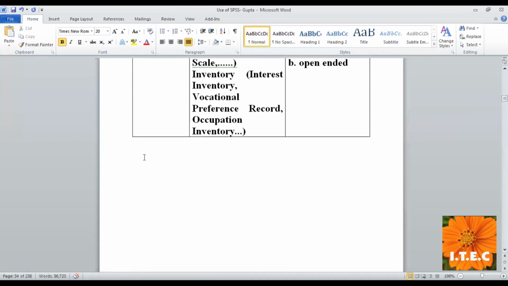And it is an observation schedule. Then there are many observation schedules given in Mirrors for Behavior.